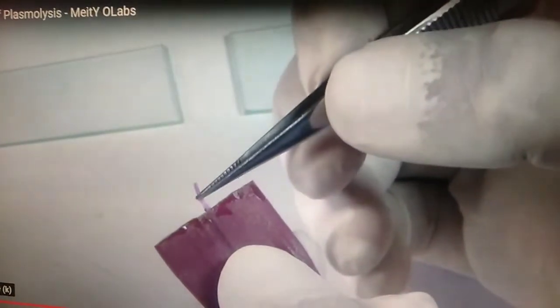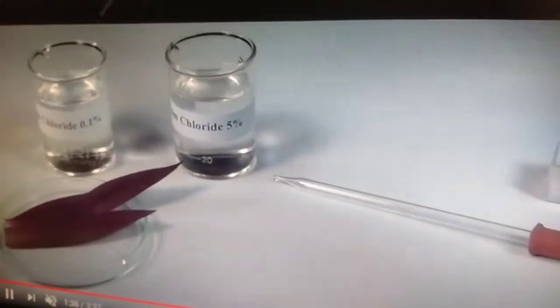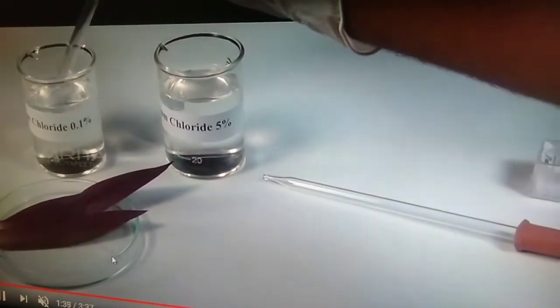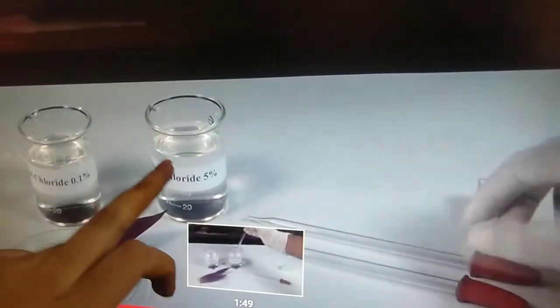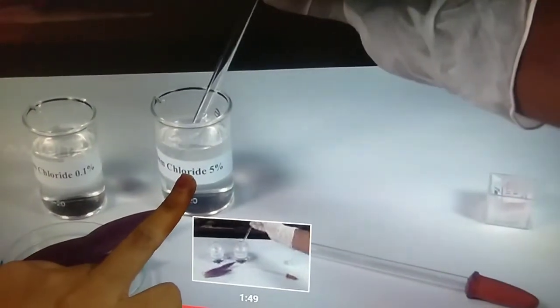In this experiment, we have to cut the Rhoeo leaf and take the tissue from the inner or lower side of the leaf. We put that tissue on the slide, and we have already prepared sodium chloride, that is salt solution, in a beaker.